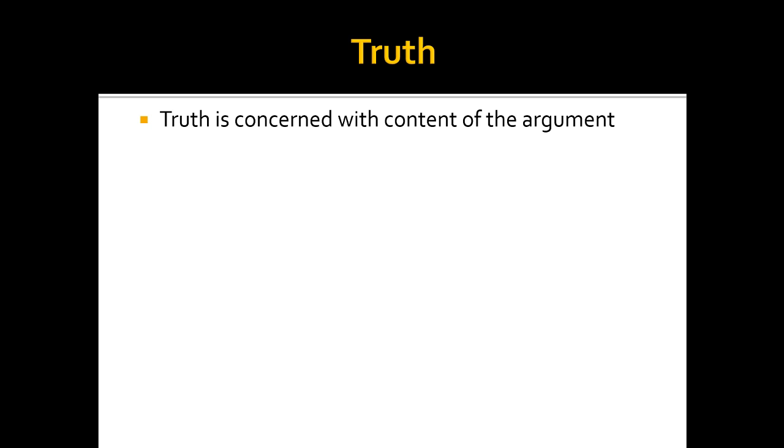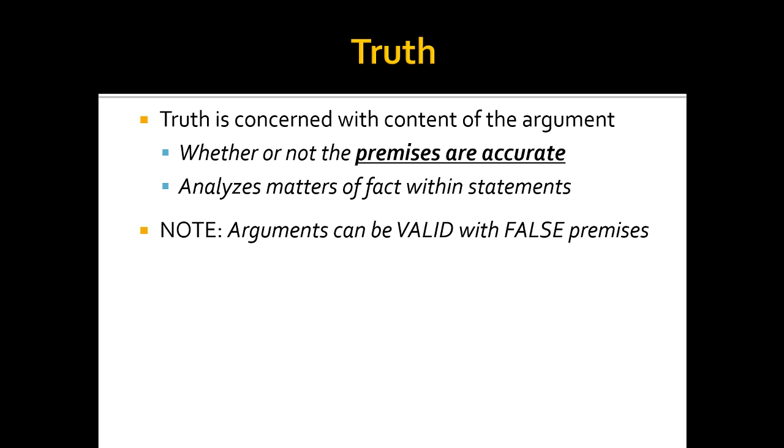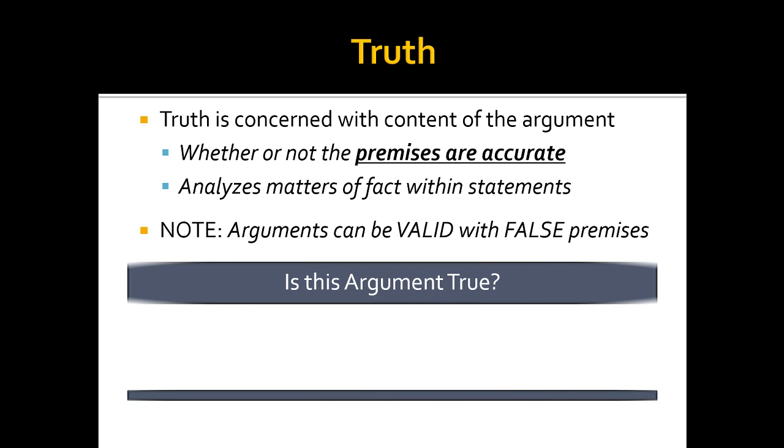Now let's look at truth. Truth is concerned with the content of the argument, whether or not the premises are accurate. We analyze matters of fact within statements. And again, it's important to note that arguments can be valid with false premises, just as we did with our example with President Obama, or former President Obama.